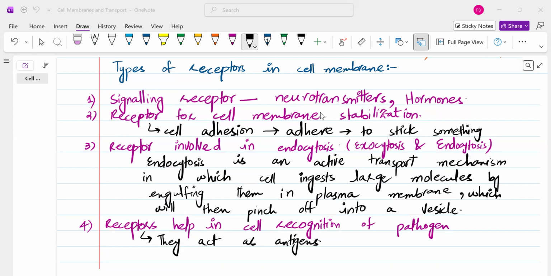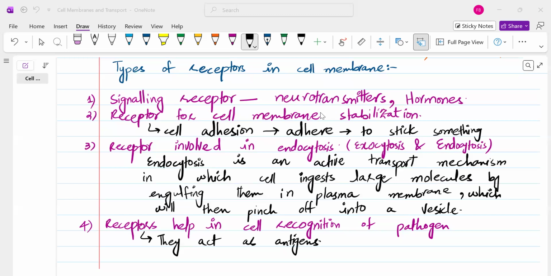And then there are receptors that are involved in endocytosis. Endocytosis is when a cell takes substances into itself, engulfs them. It's an active transport mechanism in which the cell ingests large molecules by engulfing them in its plasma membrane, which will then pinch off into a vesicle.